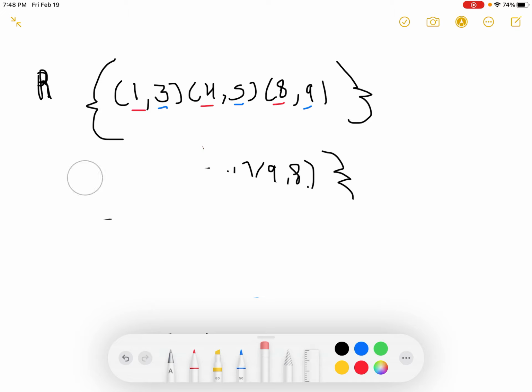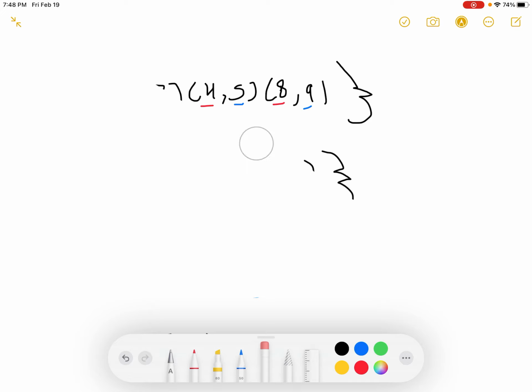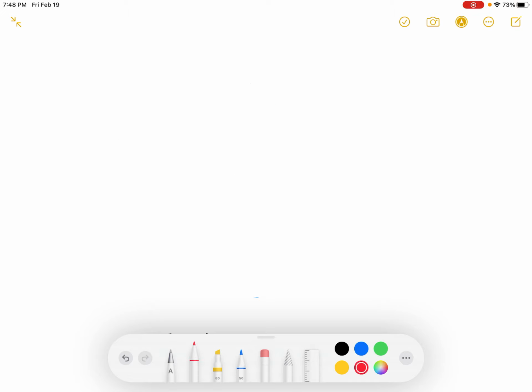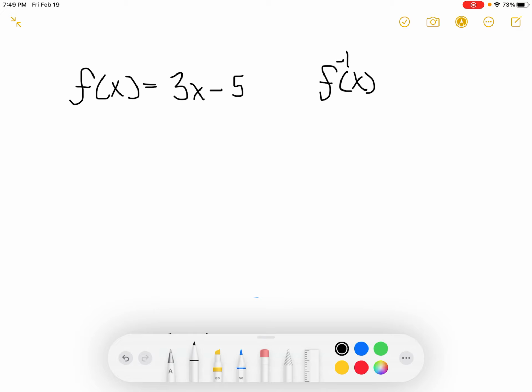So when there's a function, what's that going to look like? Let's say we had a function f of x equals 3x minus 5. What is the inverse function?